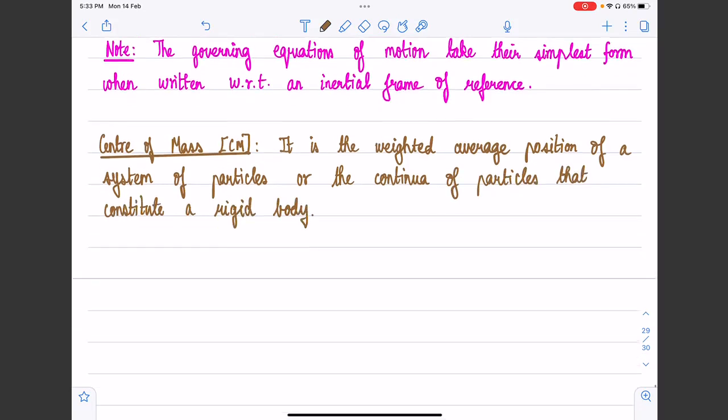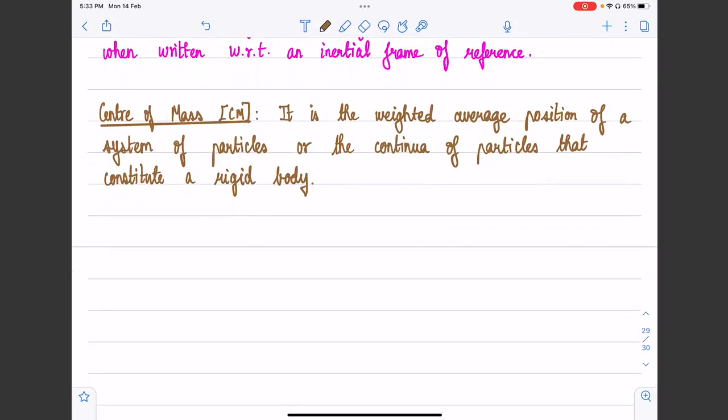So in fact, center of mass is the weighted average position of a system of particles or a continuum of particles that constitute a rigid body.